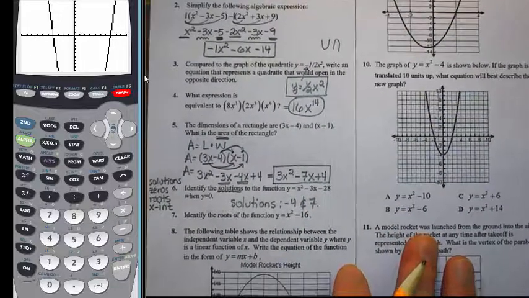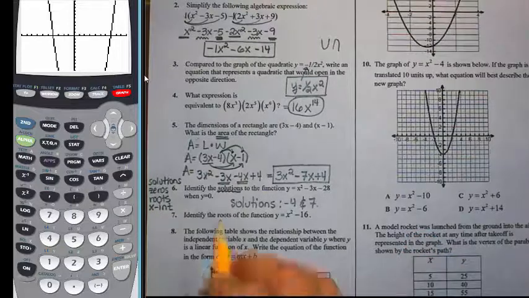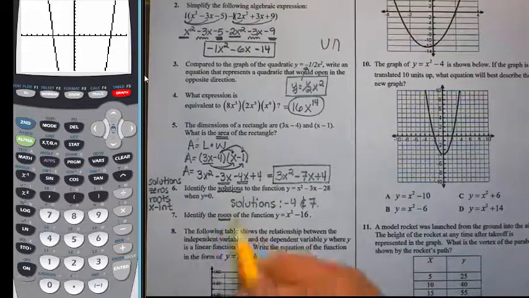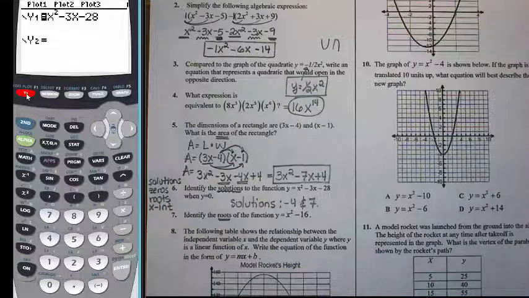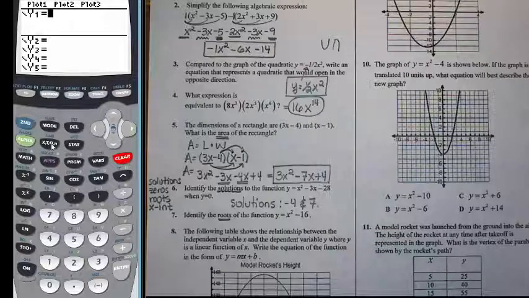Next problem has the keyword roots, which means x-intercept. Remember, solution, zeros, roots, and x-intercept all mean the same thing. So basically, I'm going to go to my Y button, clear the function that I wrote there, and enter the new function.